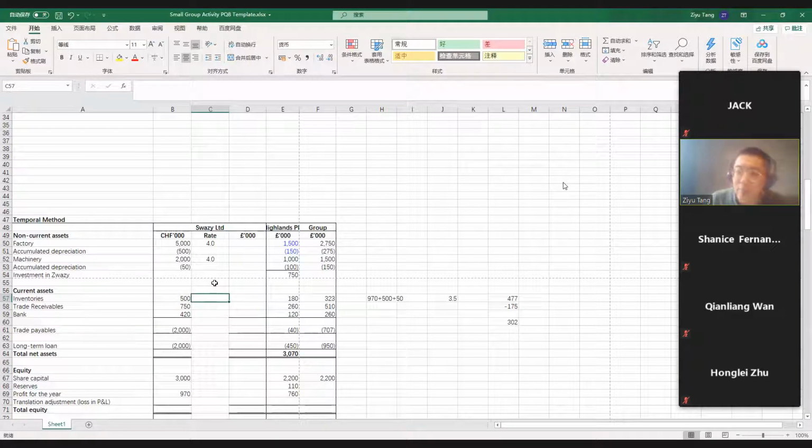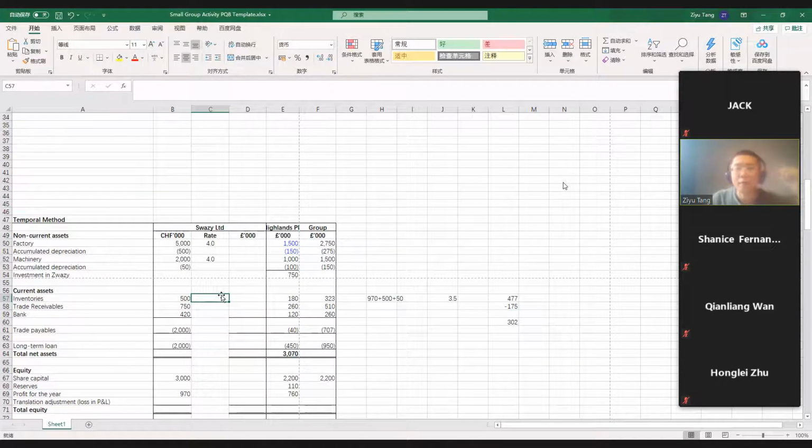So what is the historical rate of inventory? Here is a second key point. The first key point is which items belong to the monetary assets and which belong to the non-monetary assets. And the second key point is how to determine the historical rate of inventory.